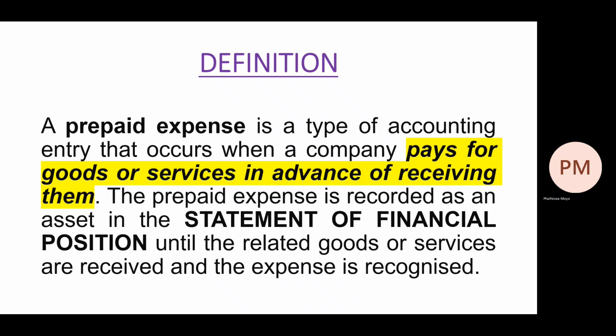A prepaid expense is a type of accounting entry that occurs when the company pays for goods and services in advance of receiving them. So the key trick here, guys, I highlighted in yellow: the company gives money over to the supplier.